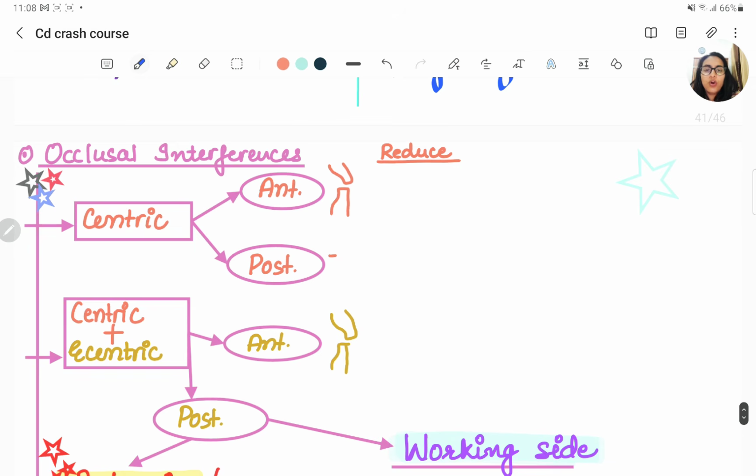Now talking about occlusal interferences. If there are occlusal interferences present in centric relation in the anterior teeth, then we reduce the incisal edge of the lower teeth.